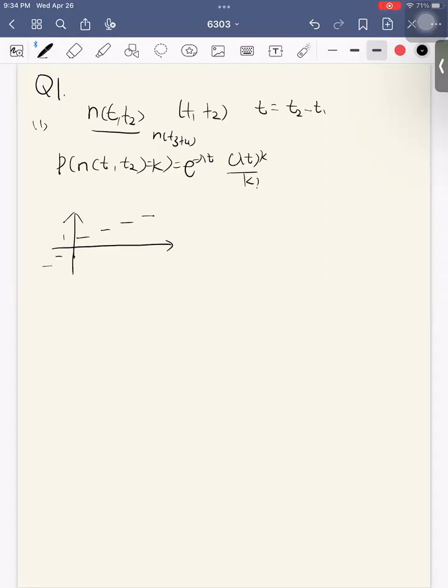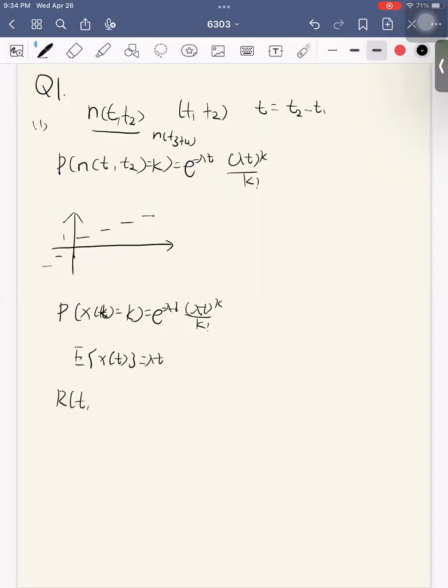The first order probability mass function for the Poisson process looks like this. The mean of the Poisson process looks like this.